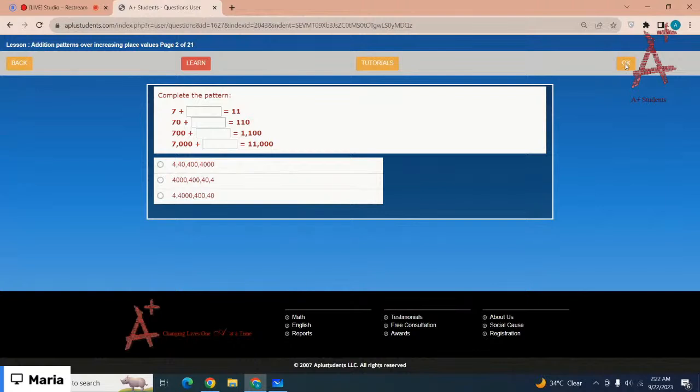Complete the pattern. 7 plus what number equals 11? 70 plus what number equals 110? So which option is the correct one?